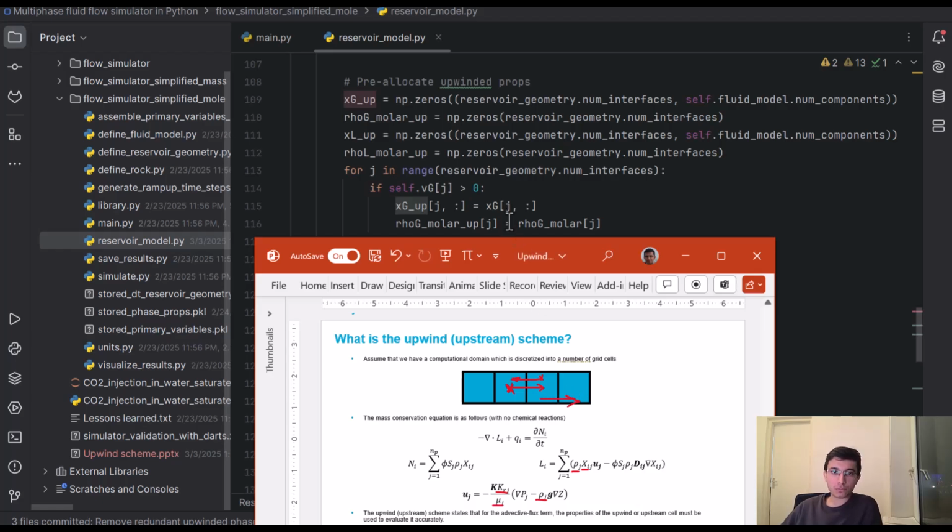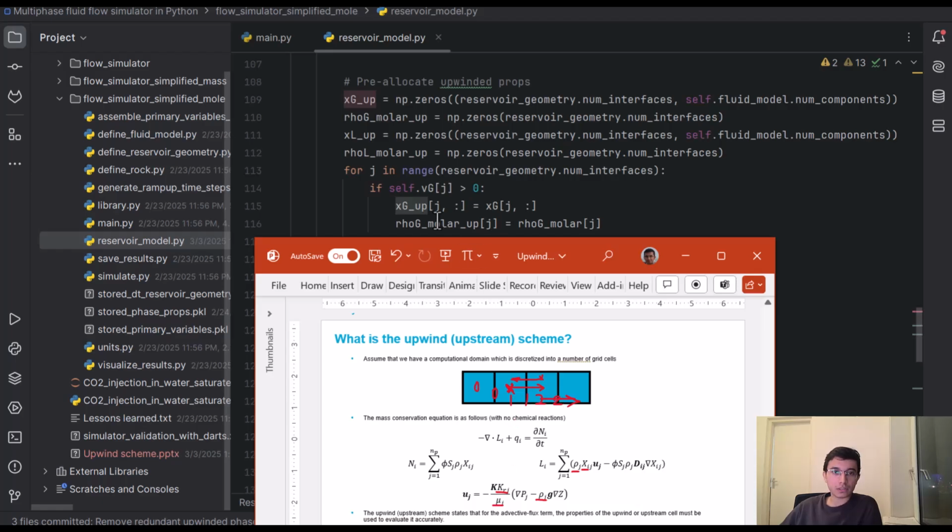And so let's say that this is the 0th cell, and this is the 0th interface. All right, because in Python, indices start from 0. And this is the first cell, and this is the first interface. This is the second cell, and this is the second interface.